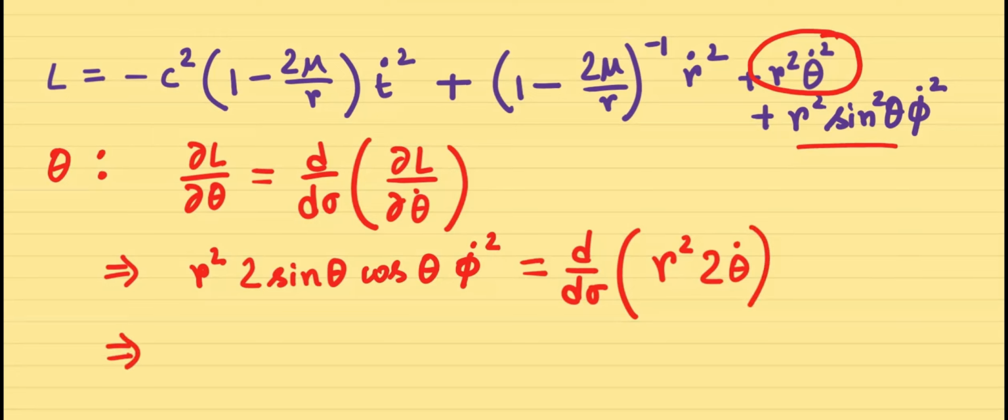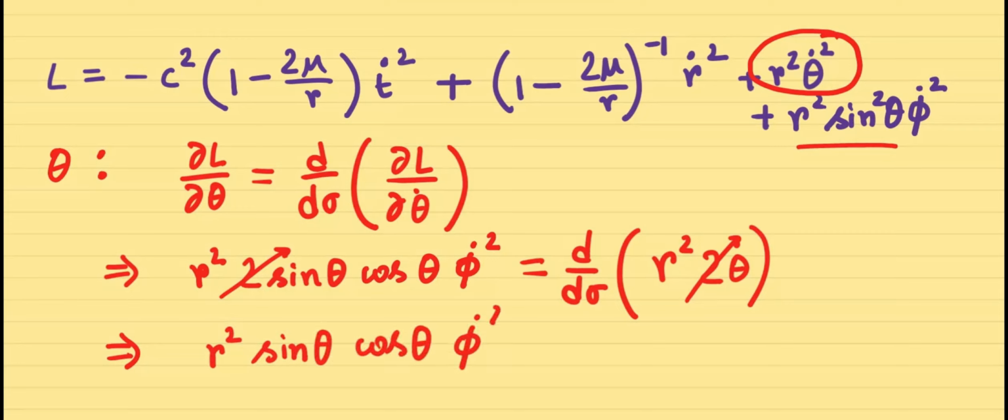So we can get rid of the 2's. The left hand side doesn't face any more change, it's just r squared sine theta cosine theta and then phi dot squared.